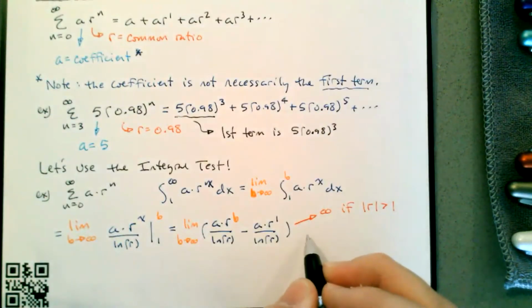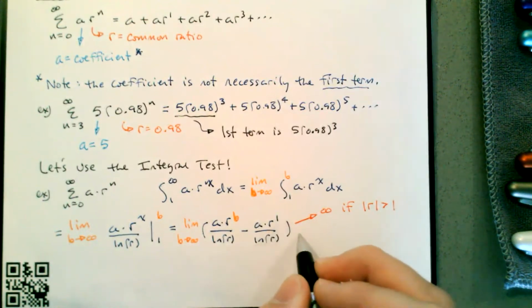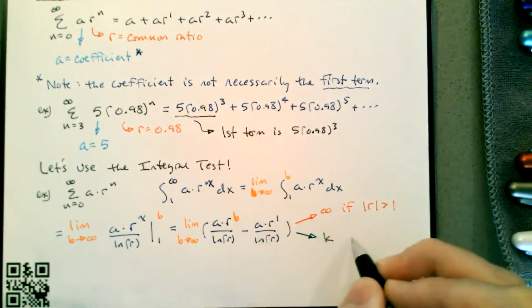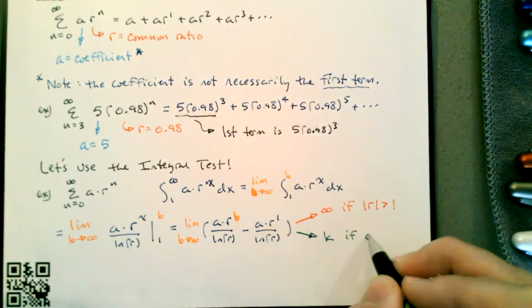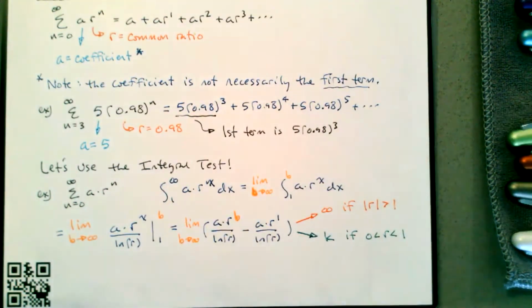Or goes to a times r to the first over natural log of r, some constant, if r is between 0 and 1. So the improper integral converges when r is between 0 and 1, and diverges otherwise. So therefore, the series converges if r is between 0 and 1, and diverges otherwise.